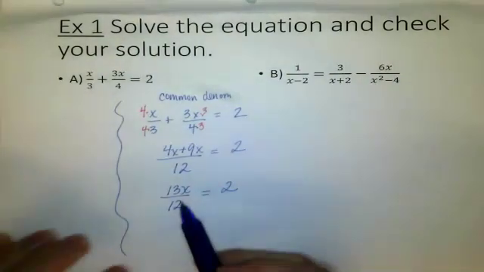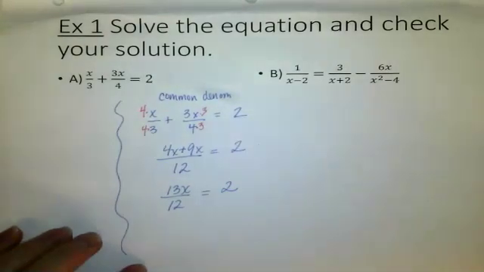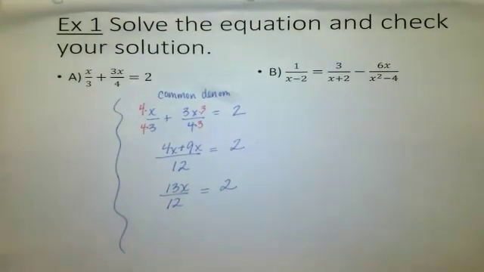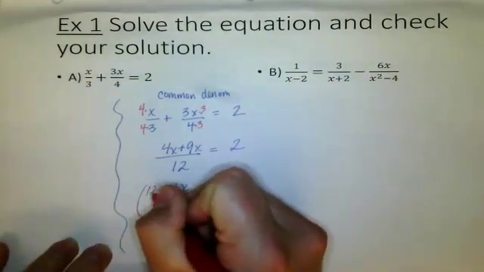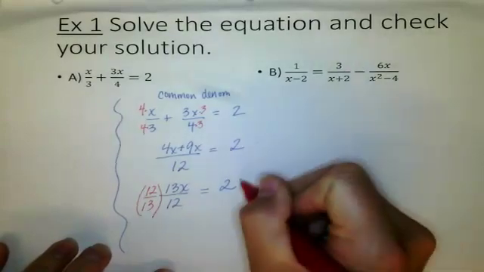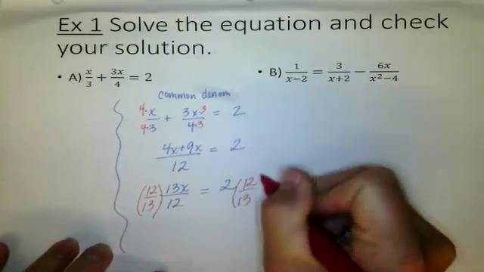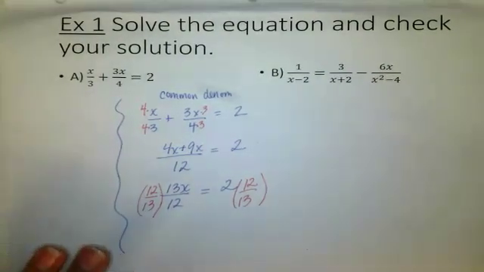And then how do I get x by itself here? You can multiply both sides by 12 and then divide by 13. Can I multiply by 12 over 13? Yeah. Multiply by the reciprocal? That works as well.